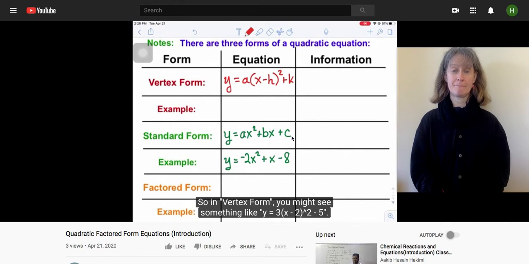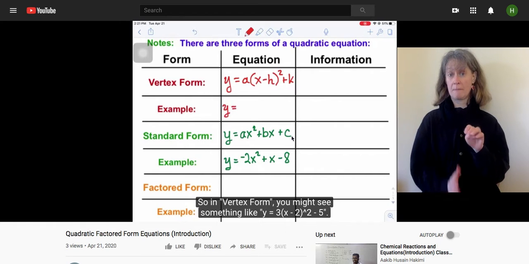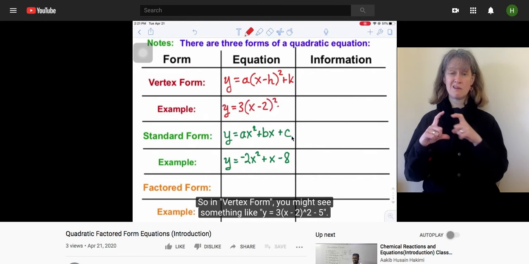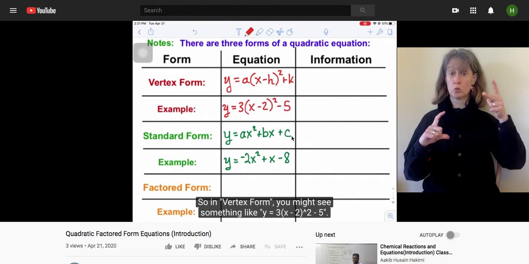So in vertex form, you might see something like y equals, say, 3(x minus 2) squared minus 5.